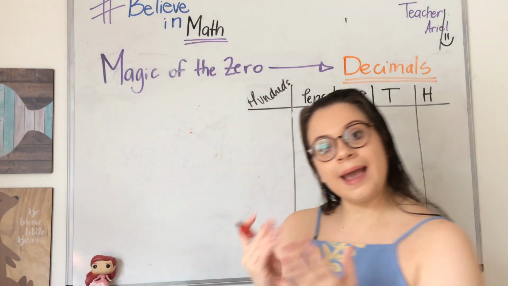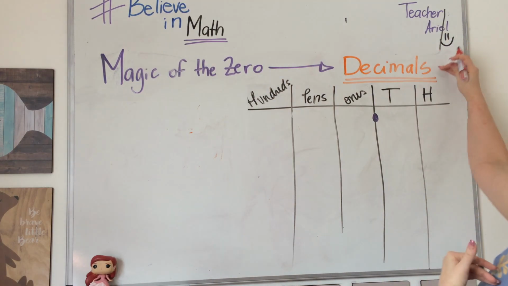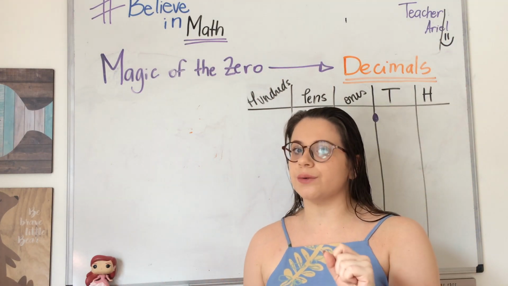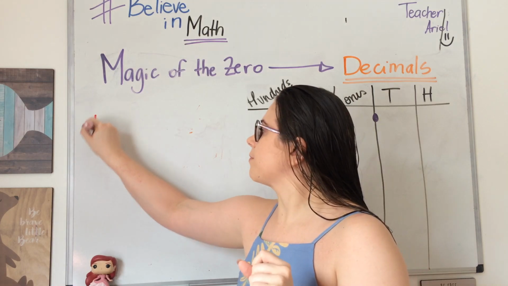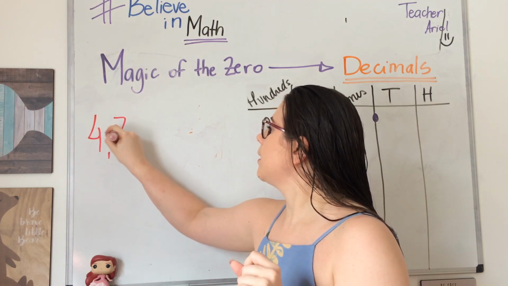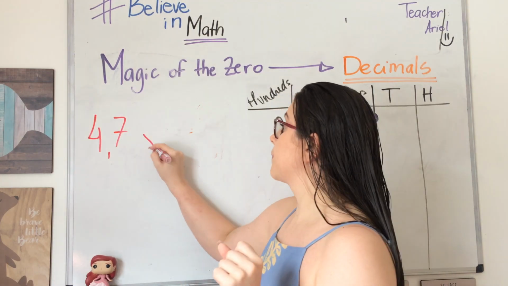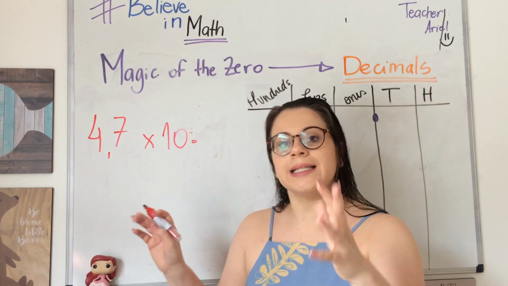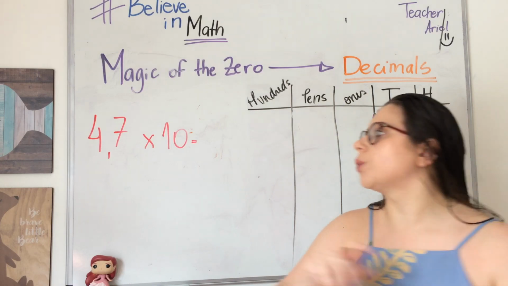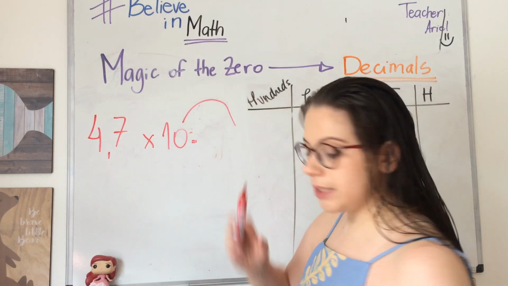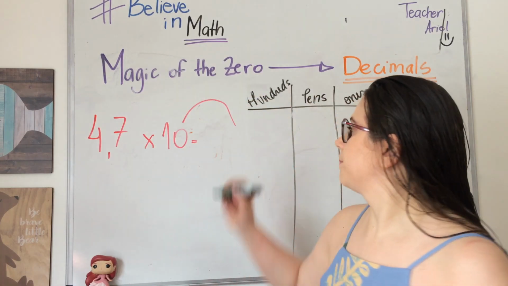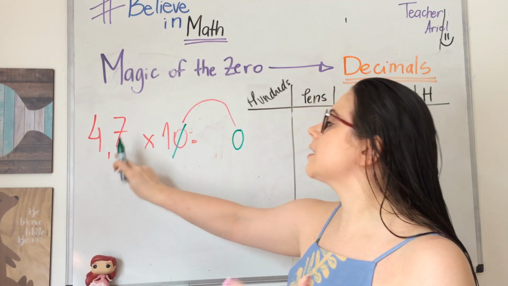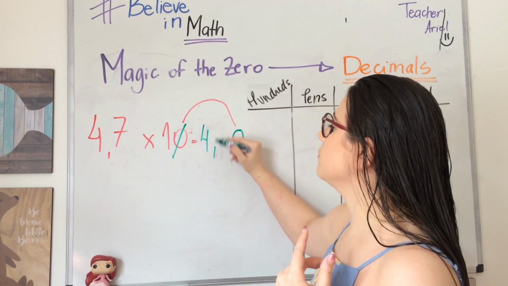But when we have decimals, we need to be a little bit careful with the magic of the zero. Because if I have 4 and 7/10 times 10, and I try to do the same thing that I did with the whole numbers, I simply throw the 0, and then 4 and 7/10 times 1.